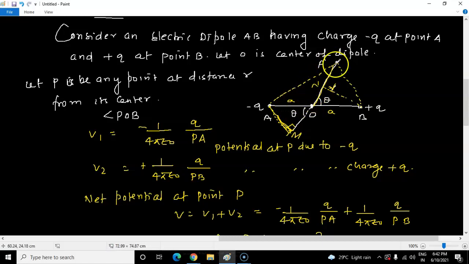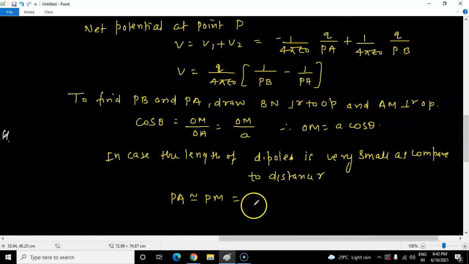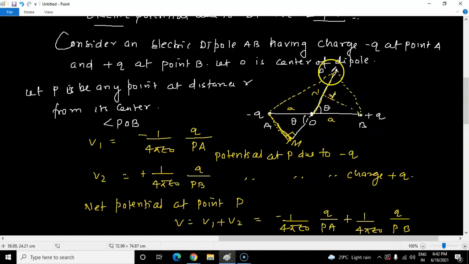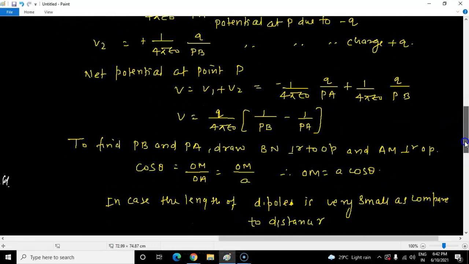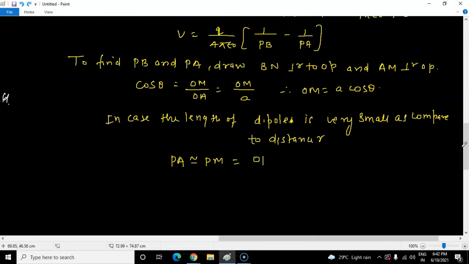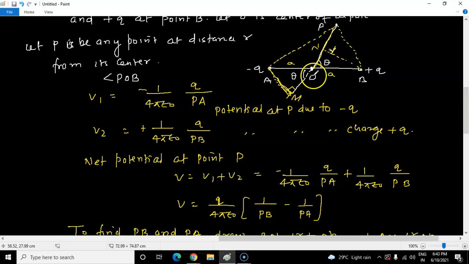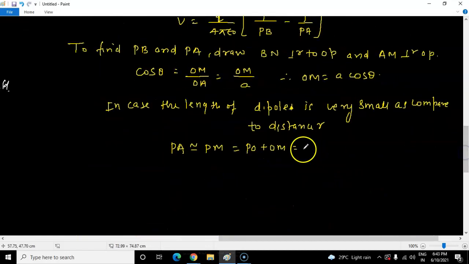PO we already know: PO is r, and OM is a cos theta, we got it. So you can write here r plus a cos theta. Any doubt in this?